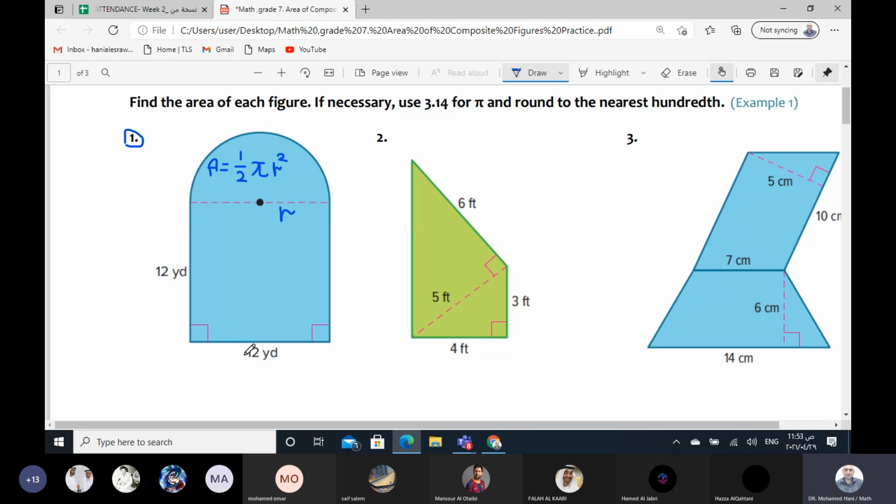If the diameter is 12, half of the diameter means 12 divided by 2. So r equals 6 yards. And here down we have a rectangle. The area of the rectangle will be length times width.